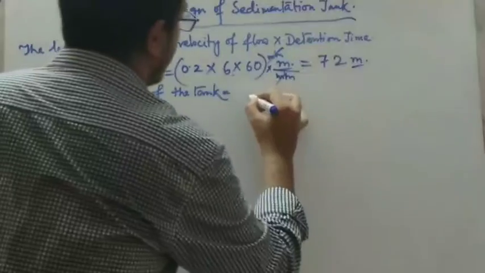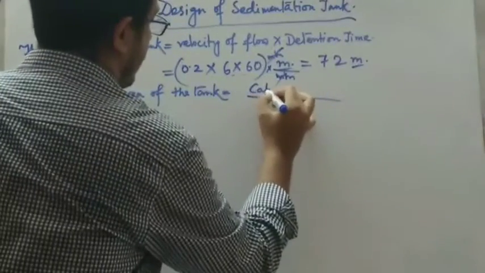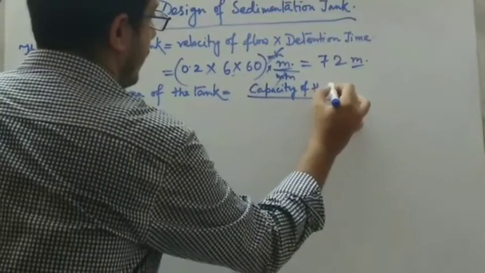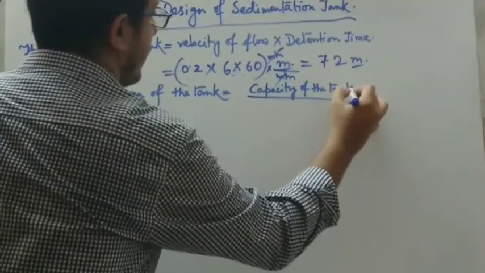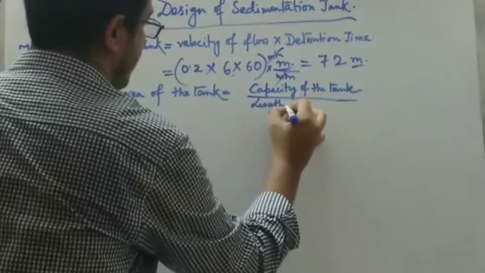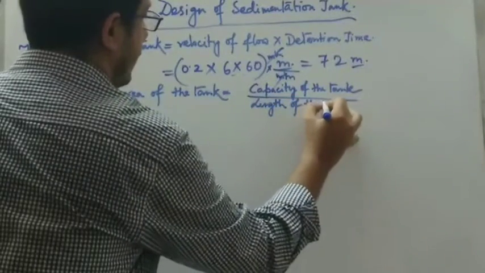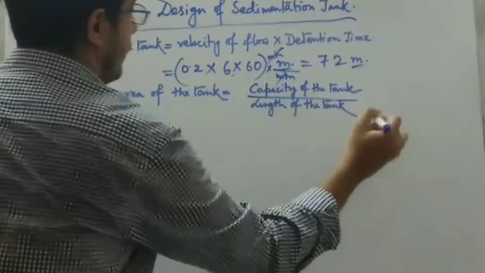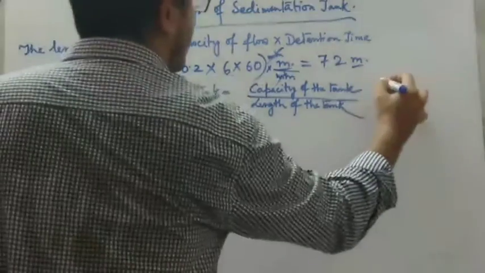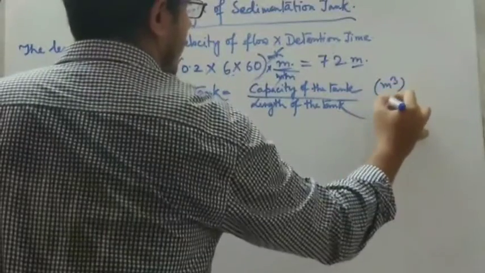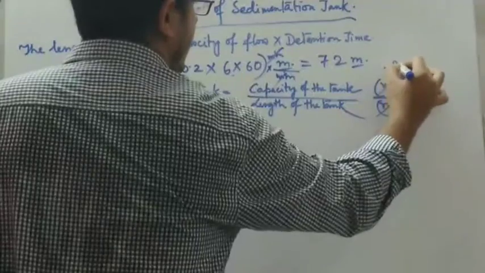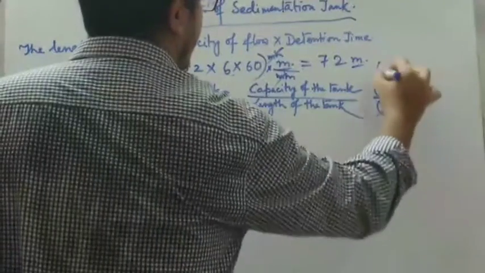That should be the capacity of the tank, as it is a rectangular tank, by the length of the tank. Here the unit of capacity of the tank is meter cube and the length of the tank is meter. Then what will be the unit?